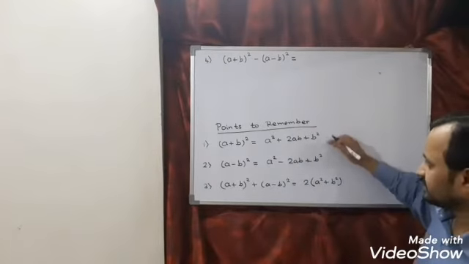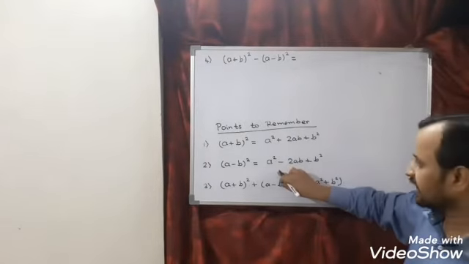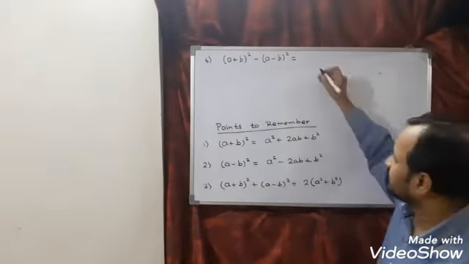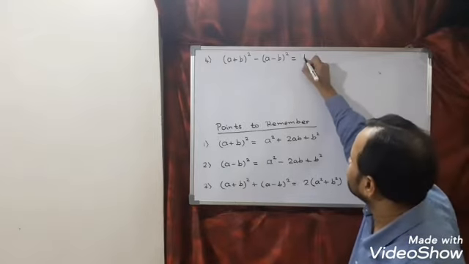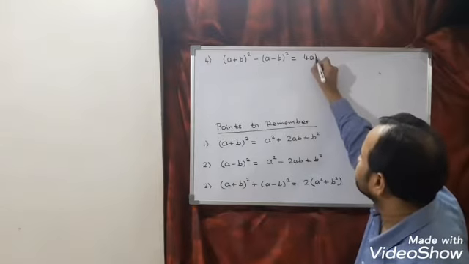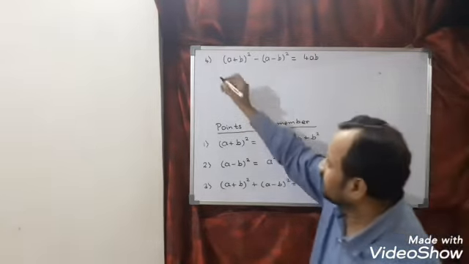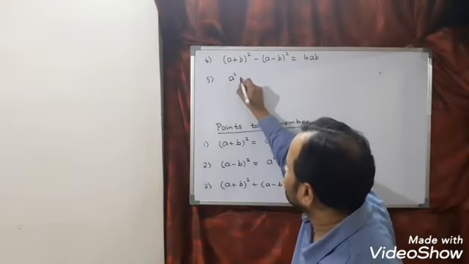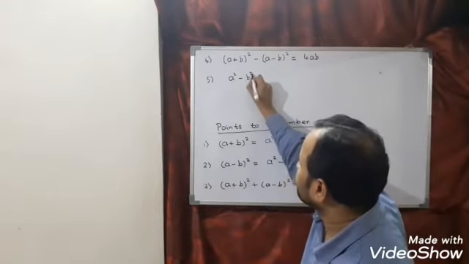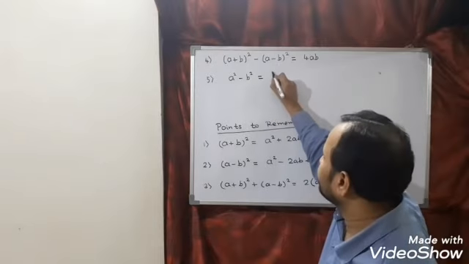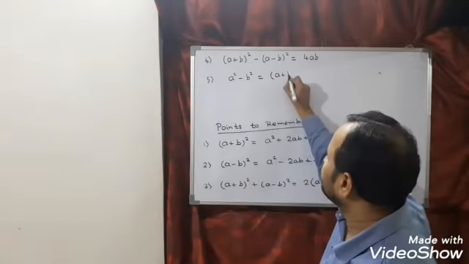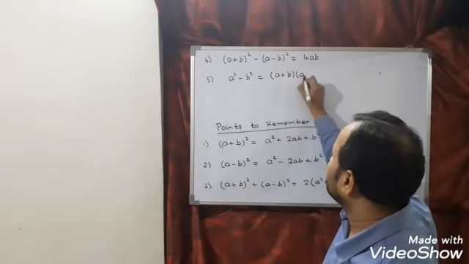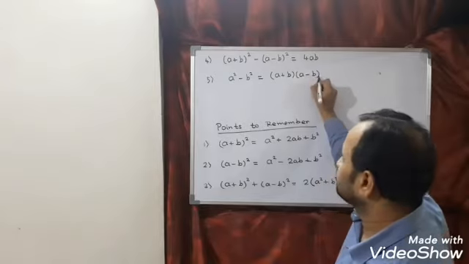When you subtract these two, a square cancel, b square cancel, finally left is you will get 4 times ab. Next formula, a square minus b square is nothing but, this we can write as a plus b into a minus b.